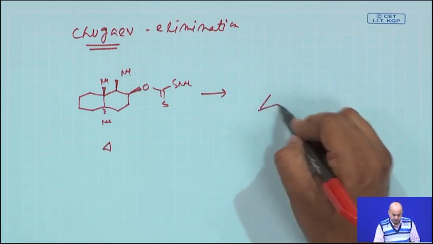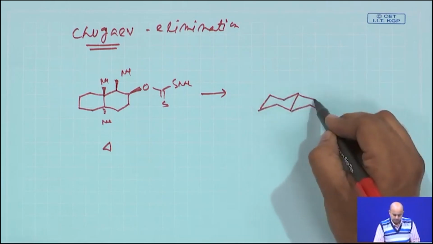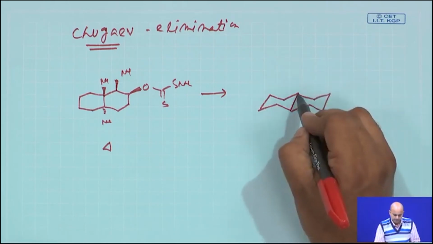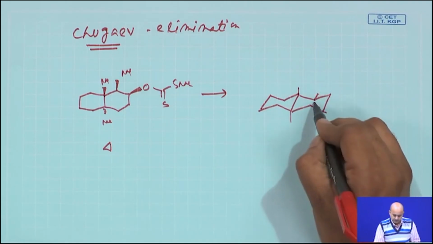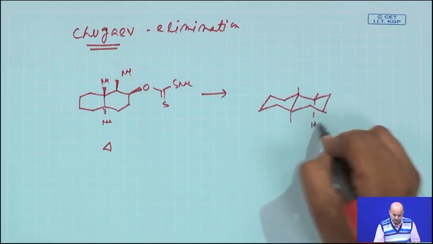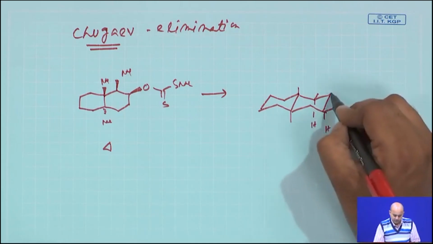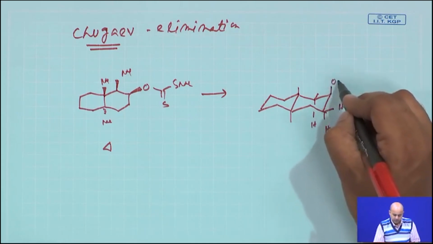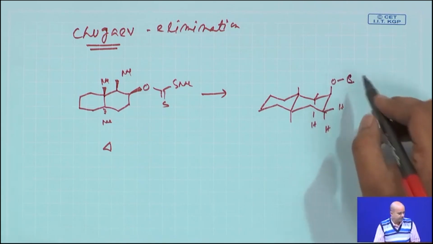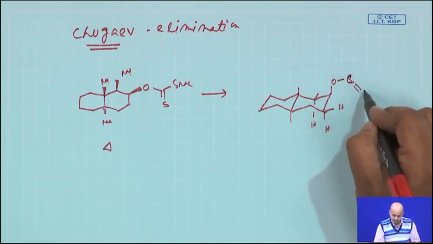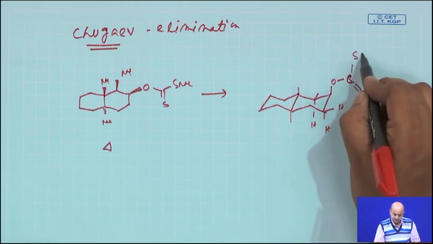Now, I will draw the 3-dimensional picture. This methyl is here, we have this hydrogen below, these hydrogens are definitely there, and then you have this O-C double bond S and this SMe.